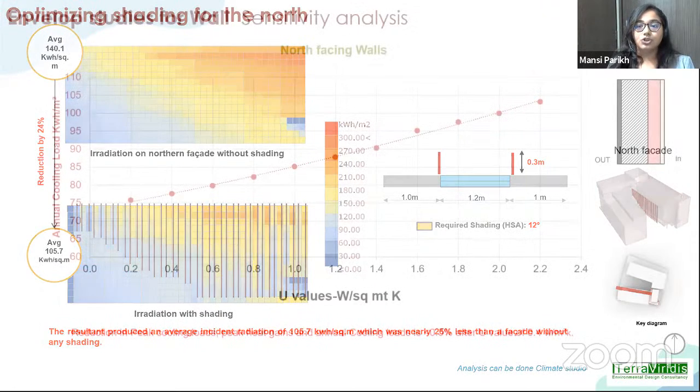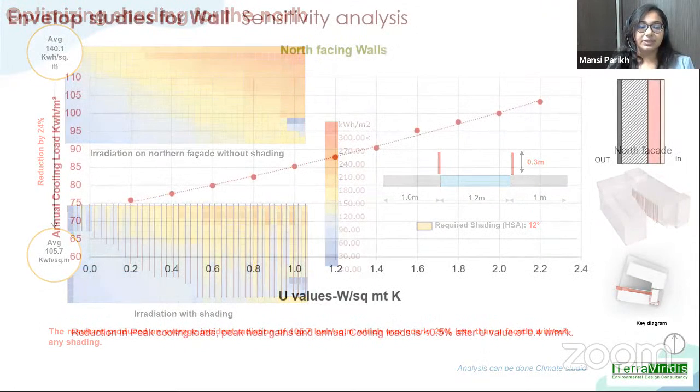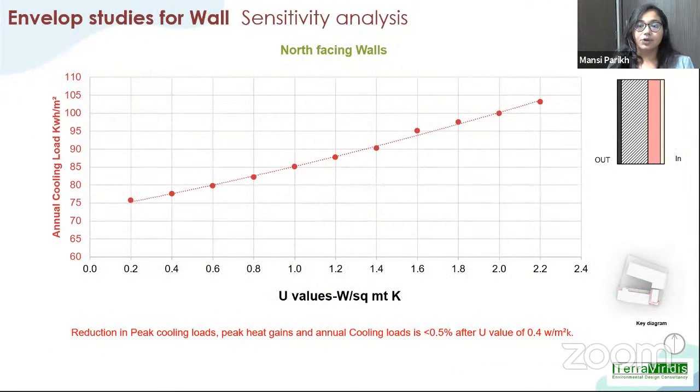This graph shows the wall U-value sensitivity analysis done for the north facade, where wall U-value is varied from 2.4 to 0.2 watt per square meter Kelvin, where 2.4 is without any insulation and 0.2 is the brick wall with 125 mm of insulation.